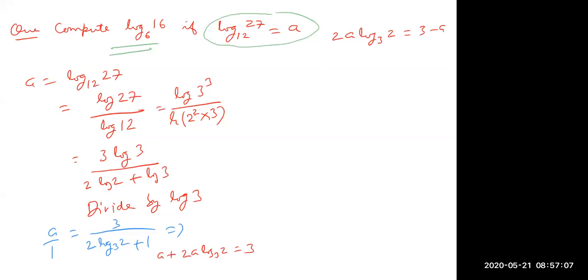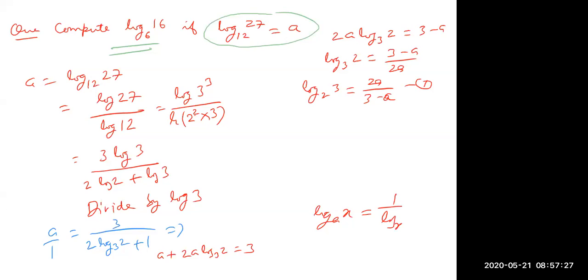So log 3 2 is equal to 3 minus a upon 2a. If I reciprocate, I will get log 2 3 is equal to 2a upon 3 minus a. This is one equation. Because I know log a x is equal to 1 upon log x a. So I'm reciprocating using this property.